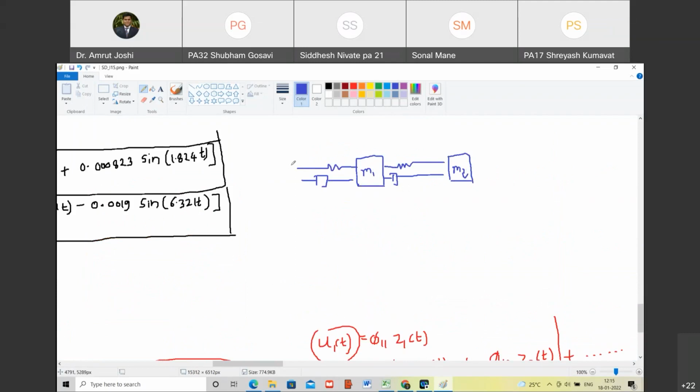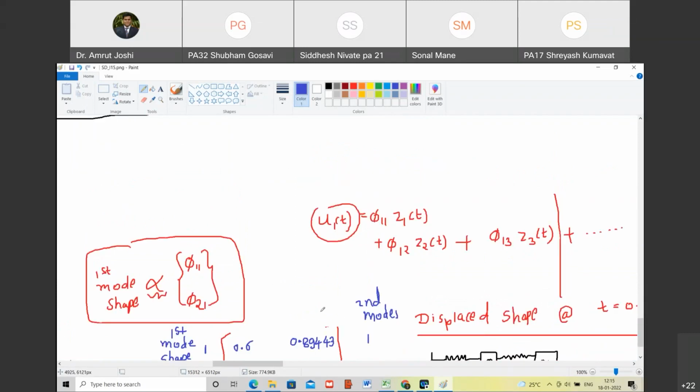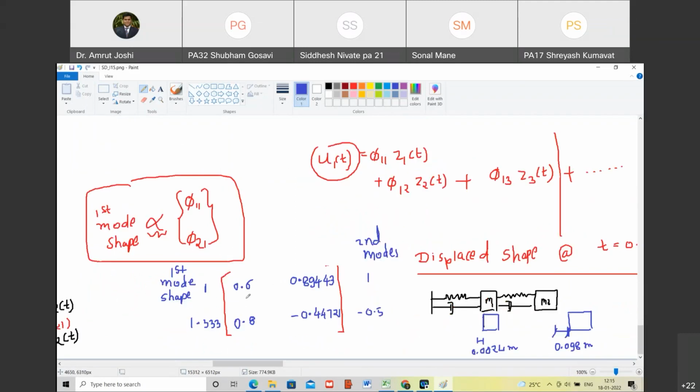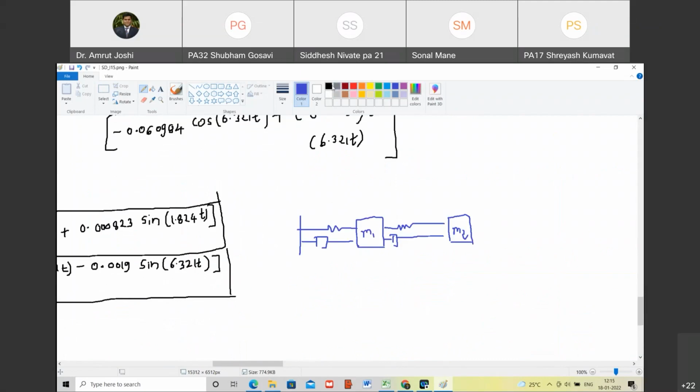So what is the first mode shape? In the first mode shape, the first mass goes towards right by 1 unit, and the second mass will go towards right itself by 1.33. So if this is the first mass, this is 1 unit. Then the second mass must move by 1.33 units towards right.